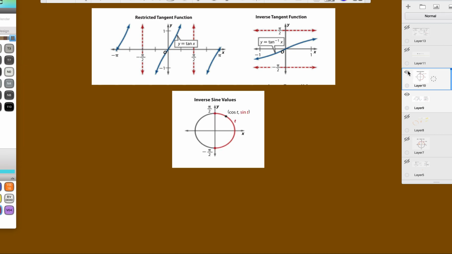And then the good news is, if our domain originally was negative pi over 2 to pi over 2, hey, that's just like sine, right? Inverse sine. It was restricted to negative pi over 2 and pi over 2.